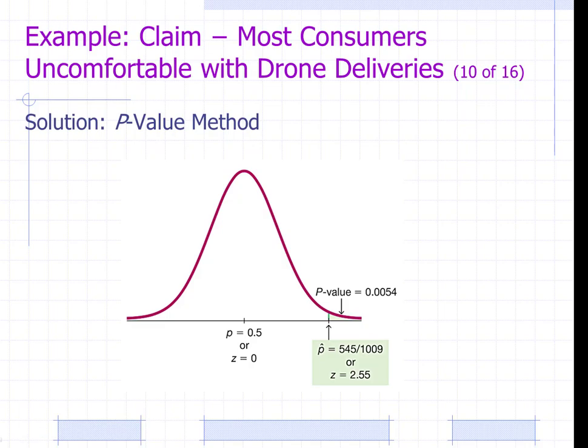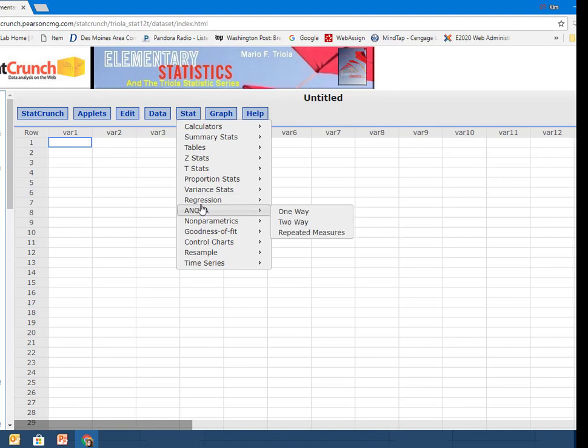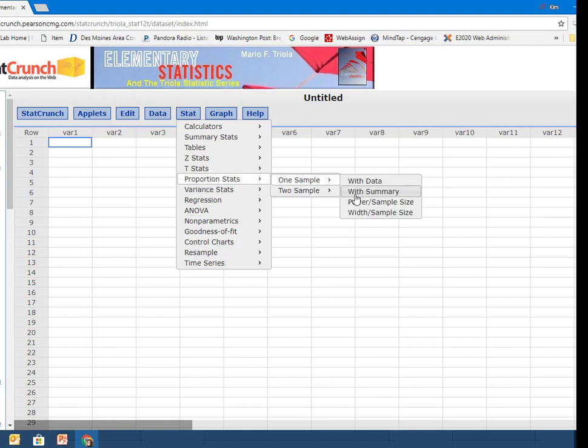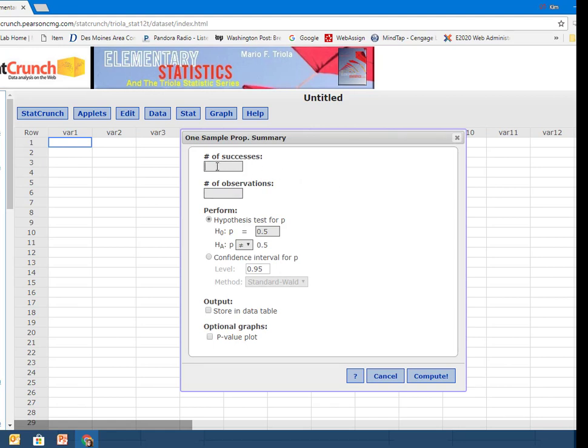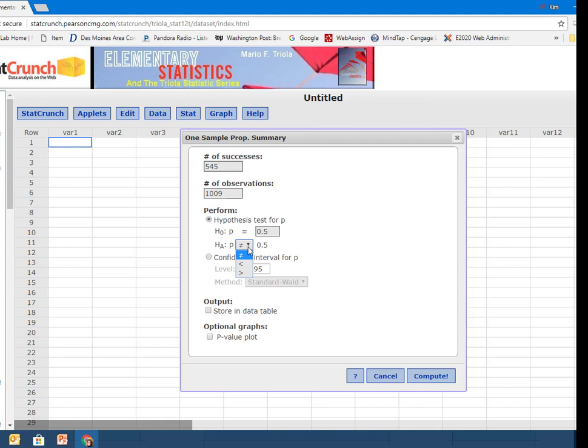Let's open up StatCrunch. Okay, I'm going to go to Stat, Proportion Statistics, one sample with summary. My number of successes for this was 545. My number of observations was 1009. We want to do a hypothesis test, and notice that we already have 0.5 in there for our null hypothesis.